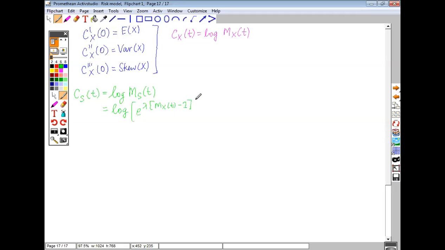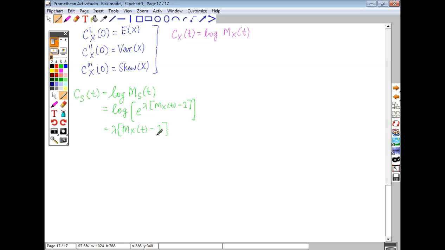All within the brackets for our log. This log and this anti-log will cancel each other out, and you will only be left with what's in the power. So we have lambda times (M_X(t) minus 1).